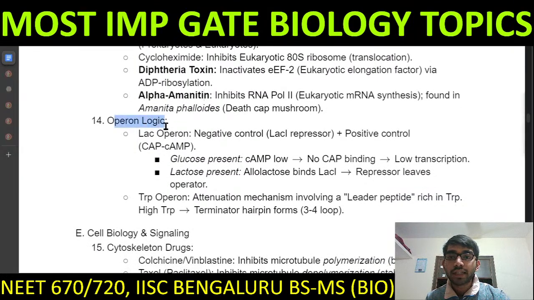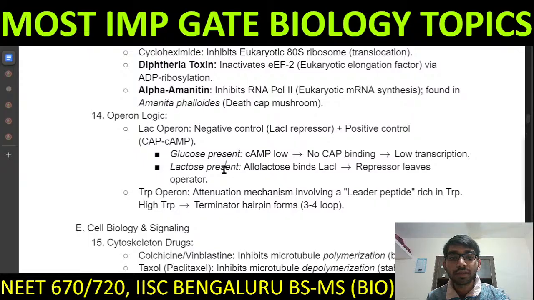Then coming to the bacterial operon, one of the most common ones is the lac operon, which has a negative control by the lac I repressor, and then there is positive control by the CAP cyclic AMP site. When glucose is present, the cyclic AMP is low. There is no CAP binding, and there is also low transcription.